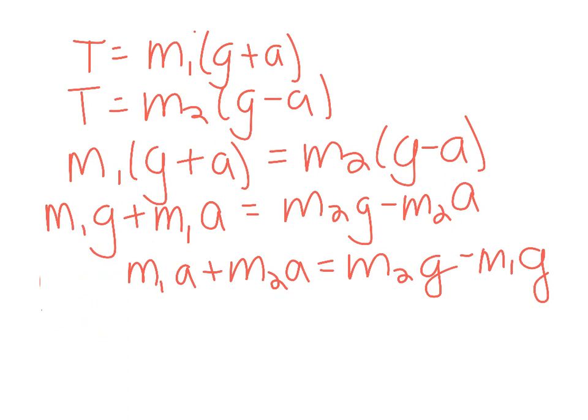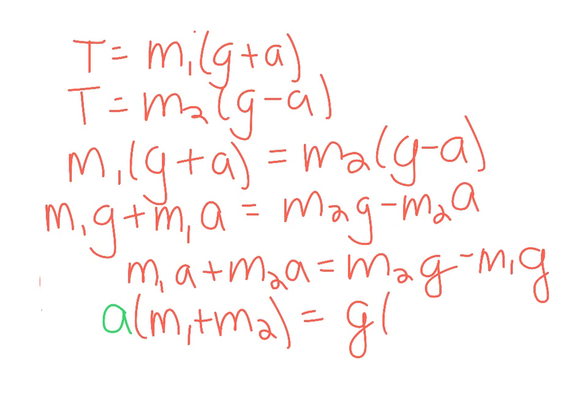Okay, so now I need to solve for a. So I'm going to pull out an a. And then I'm going to be left with m1 plus m2 equals, and I'll pull out a g, m2 minus m1. And then let's solve for a.